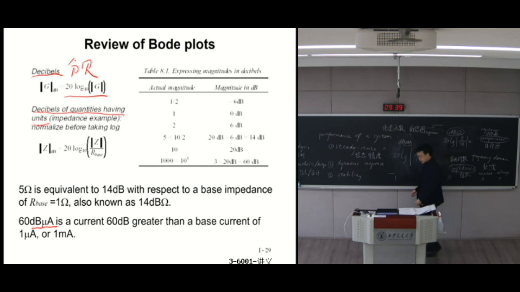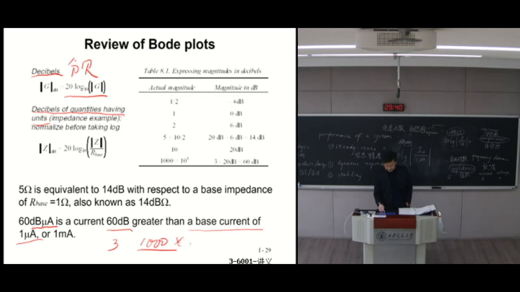So if we're talking about 60 dB microamp, that means 60 dB greater than a base current of 1 microamp. 60 divided by 20, that's going to be 3. So that means the log is 3. When the log is 3, that means the original quantity is 1,000 times the base quantity, which is 1 microamp.